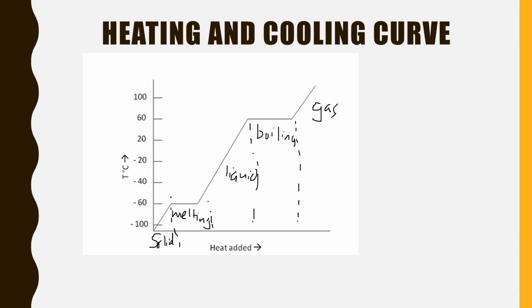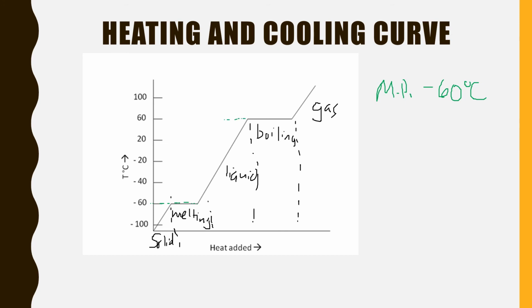So what can we do with this? Well, we can get some information. What temperature is the melting line at? Oh, it's at negative 60. So I could say that the melting point for this is negative 60. And oh, it's Celsius. Thank you. Look at the units. Okay, the boiling line is right here.